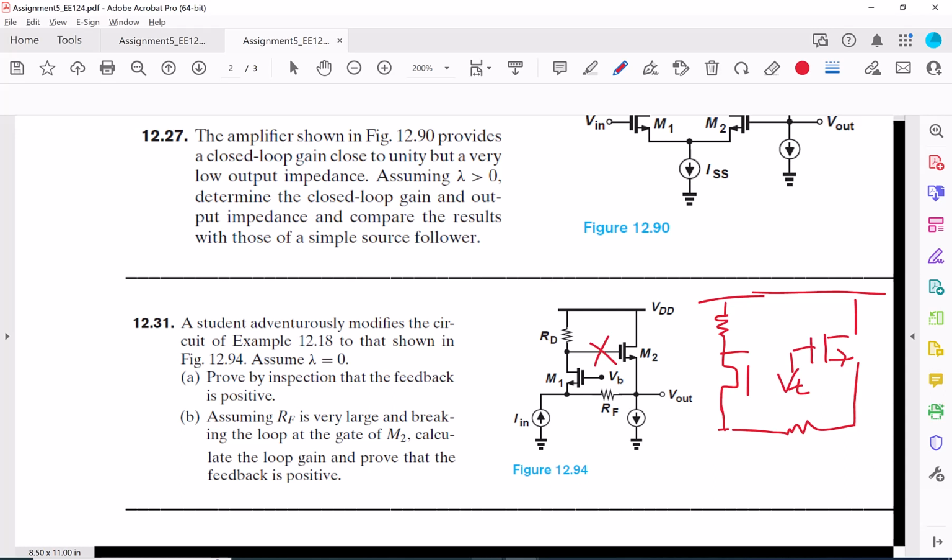Should I put I in here? Yeah, you open it, right? Because all the independent sources need to be 0. For current it is open, for voltage source it is grounded, right? So what is the relationship between them? Here I say that RF is very large. So what is the potential here?